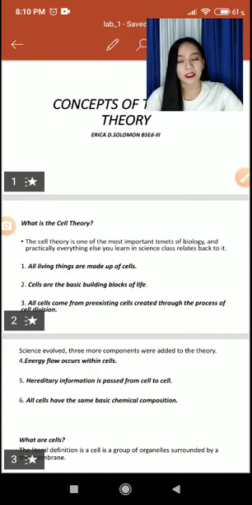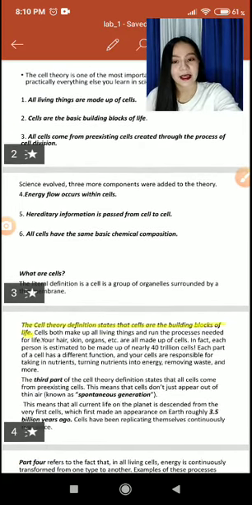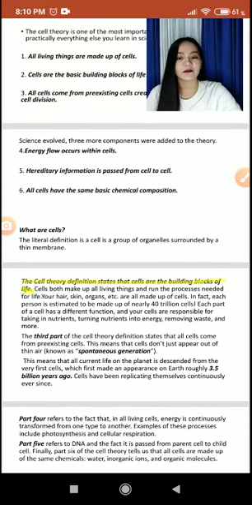So, what are cells? The literal definition is that a cell is a group of organelles surrounded by a thin membrane. The cell theory definition states that cells are the building blocks of life. Cells both make up all living things and run the processes needed for life.